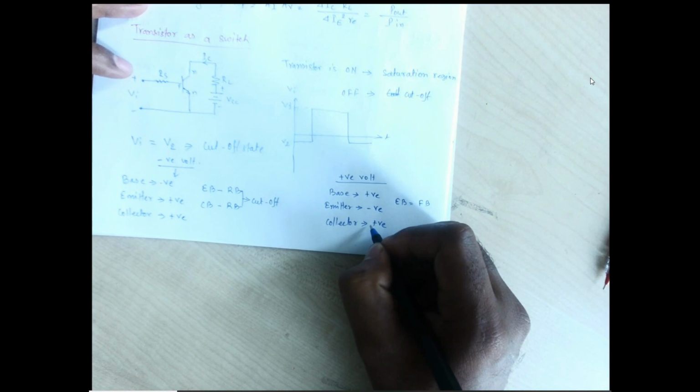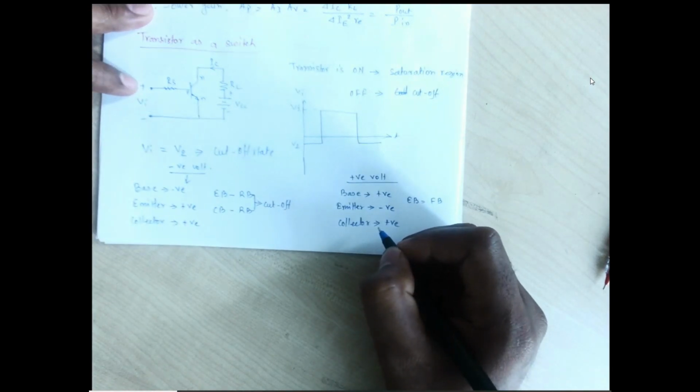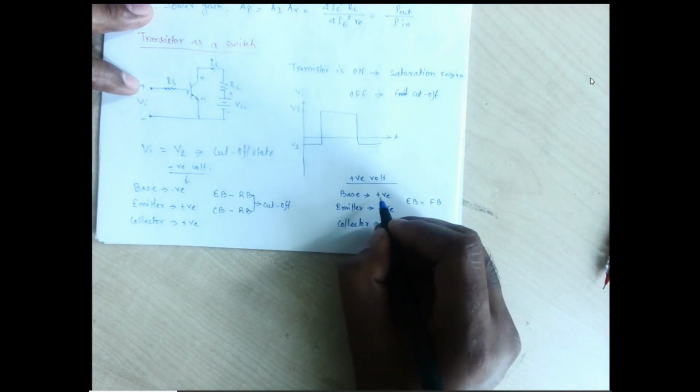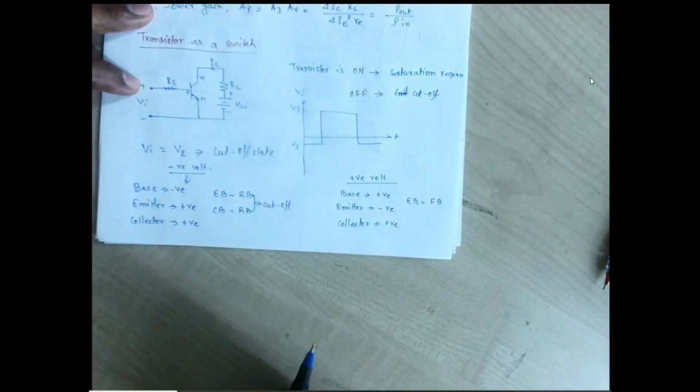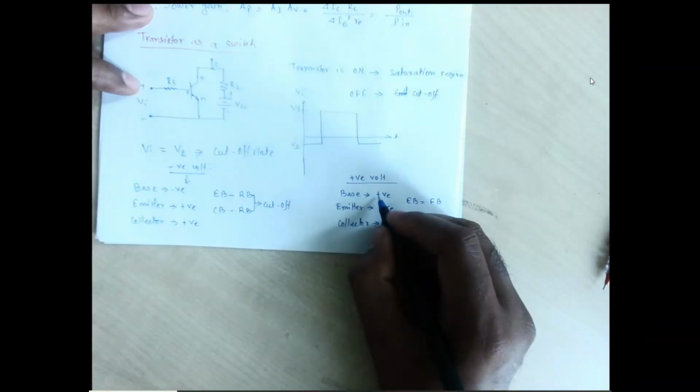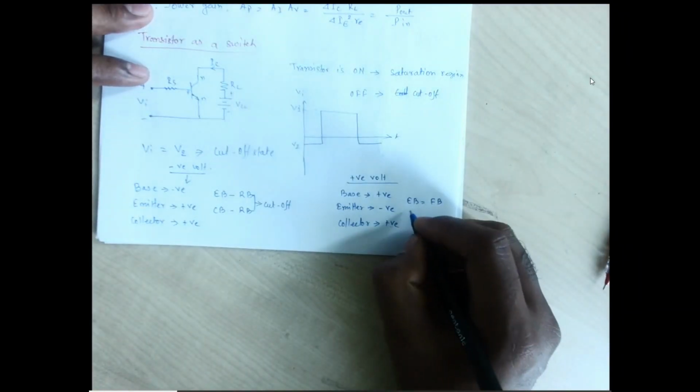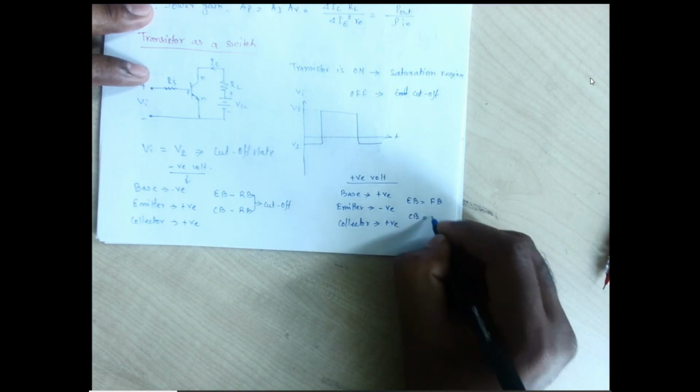So the base is at a higher positive compared to this VCC, because we have applied a certain pulse which is quite a bit higher than this VCC. So P is connected with higher positive and N is connected with lower positive. So that is forward bias. So the collector base junction is also in the forward bias.